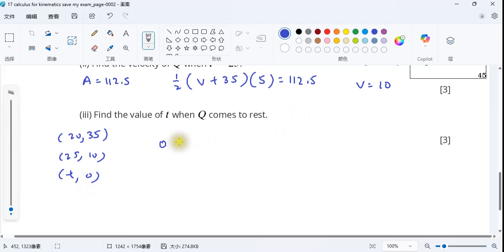So 0 minus 10 over t minus 25 equals 10 minus 35 over 25 minus 20.